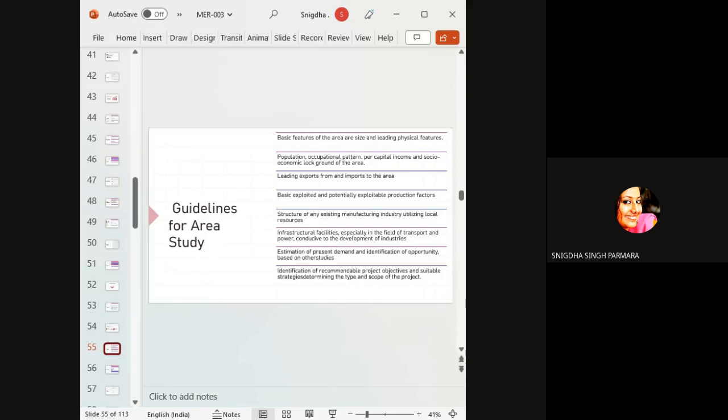When we talk about resources, we are basically talking about all kinds of resources that the area could offer, be it human resources, be it raw materials, or be it financial resources, every kind of resources that any location or any area has to offer. Okay, so this is how it is done.